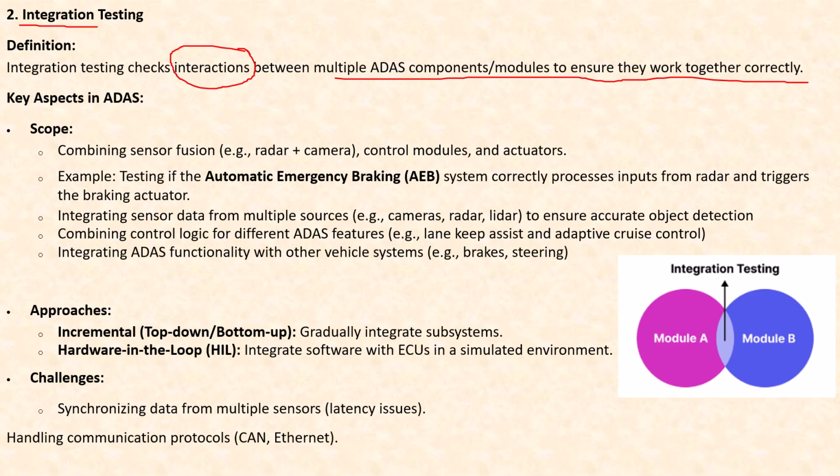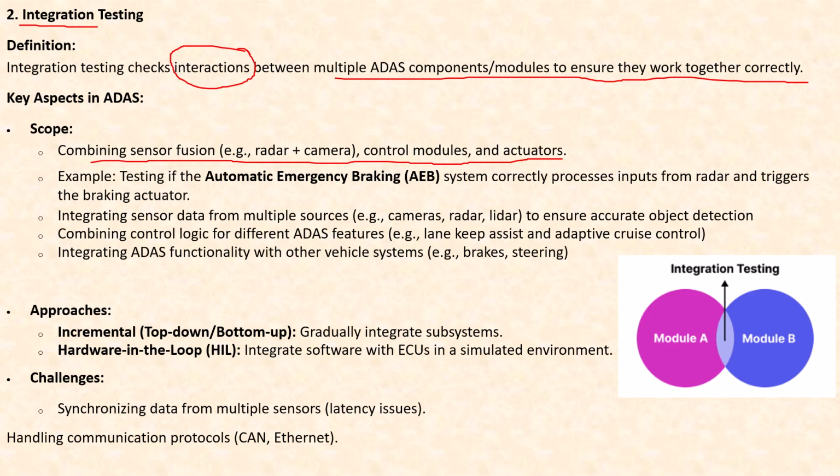Understand this very carefully. Next, one most important interacting activity which happens in ADAS is sensor fusion, where three or four components' outputs are merged to form a single output. Output of radar, camera, lidar, and sonar and ultrasonic sensors are merged to form one single output.